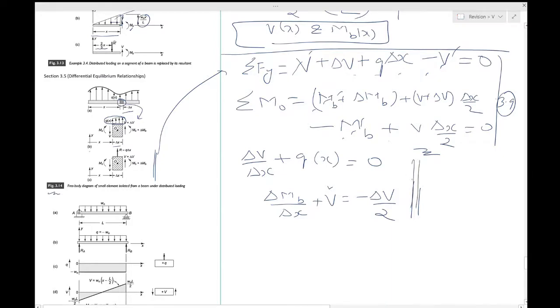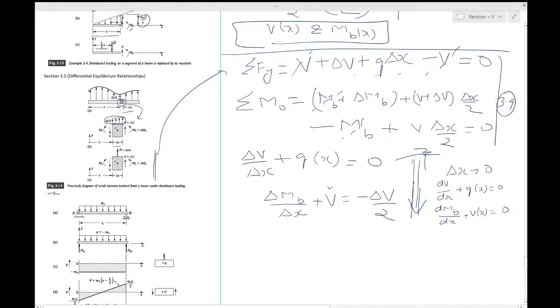So this is what you get when you rearrange equation 3.9, and now you can use the limit delta x tends to 0, and that would give you dV by dx plus q of x is equal to 0, and dMB by dx plus V of x is equal to 0.